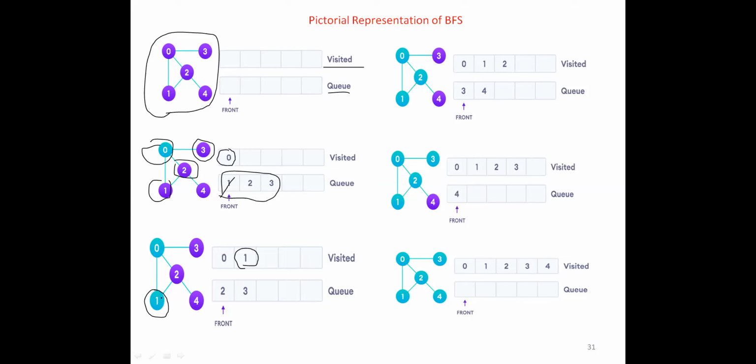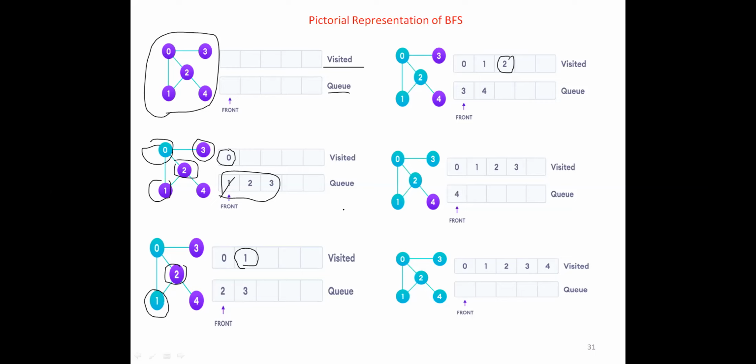Who are all adjacent to vertex 1? 2 and 0, right? 0 is already visited, it is in the visited array, so I don't want to bother about that. The other one adjacent to vertex 1 is 2. So that one I am writing into the visited array.